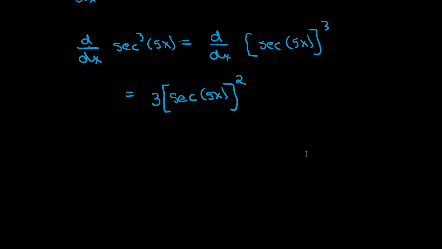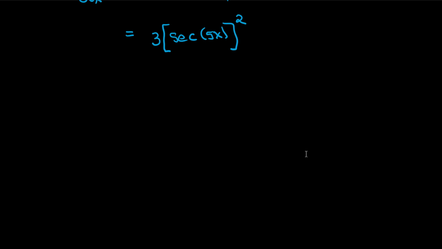Now, we do the derivative of the inside. Well, this is going to be the derivative of secant of 5x. This, once again, is a chain rule. So to get this to work, we're going to take the derivative of secant. Well, recall the derivative of secant is the secant of 5x times the tangent of 5x.